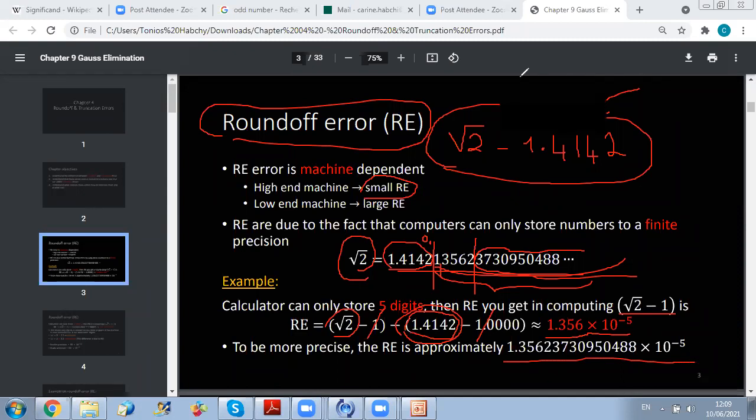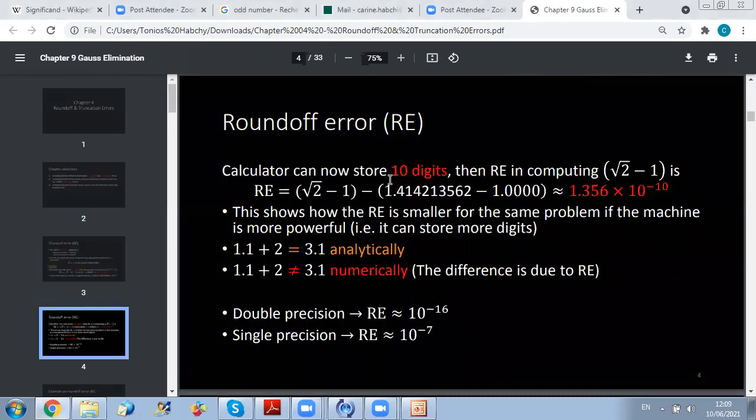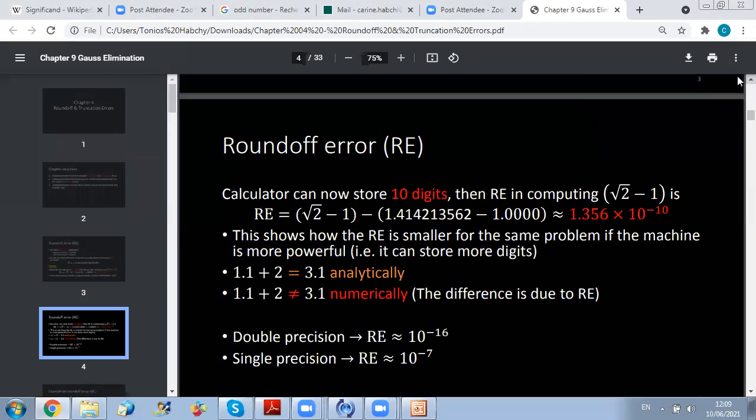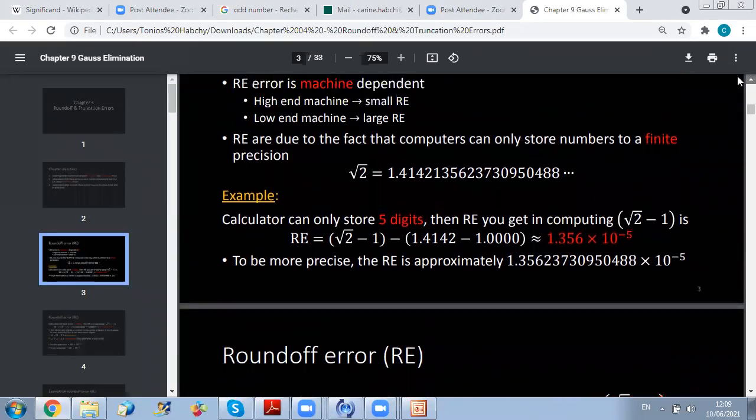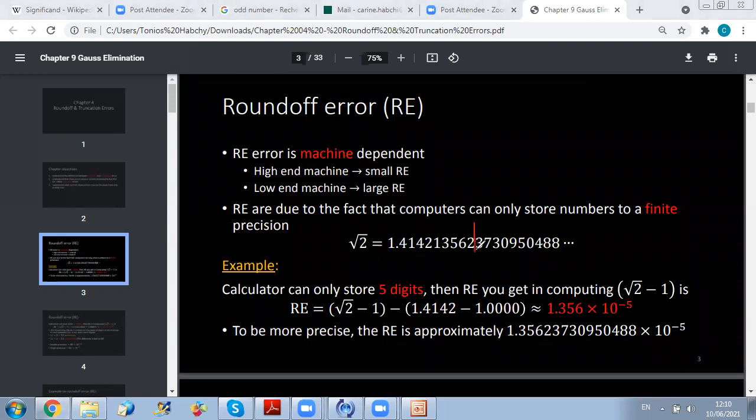Now, by just saying that my calculator will store more digits, my round-off error, of course, will be reduced, because when I take 10 digits, what will happen is that I will reduce the error by taking a larger number of points. So I have here 1, 2, 3, 4, 5, 6, 7, 8, 9, 10. So this number will be taken into consideration.